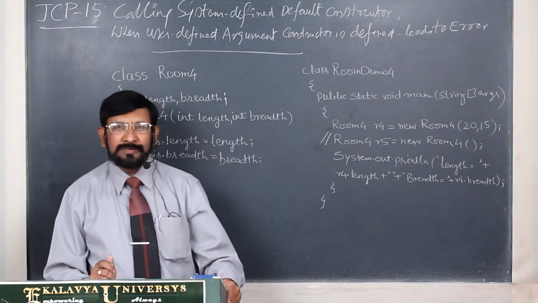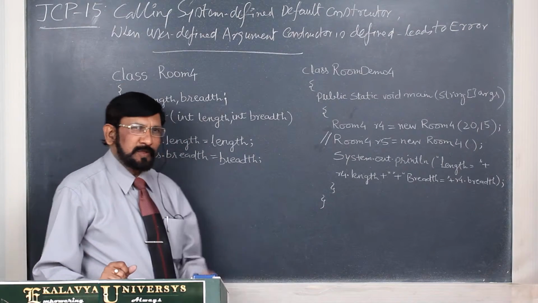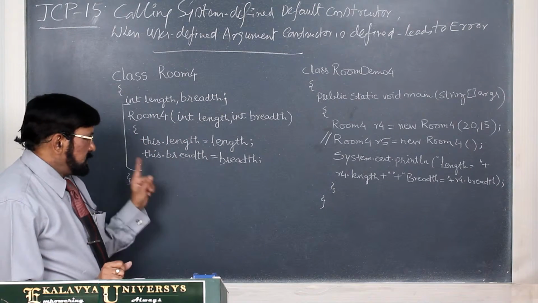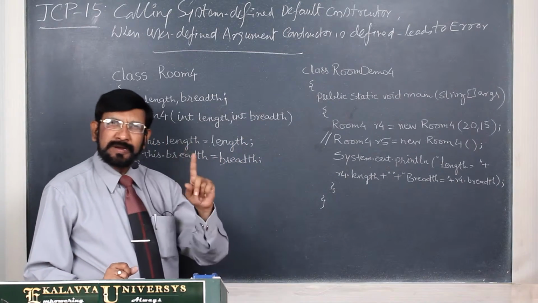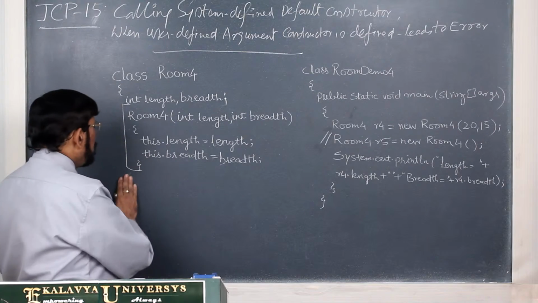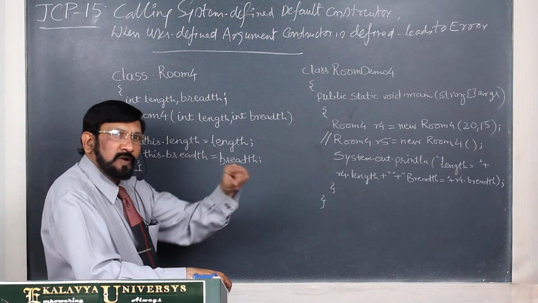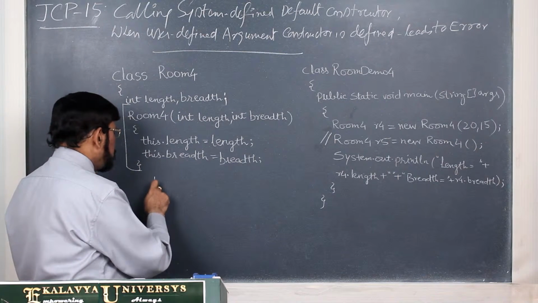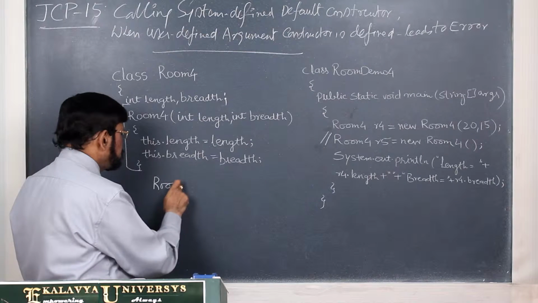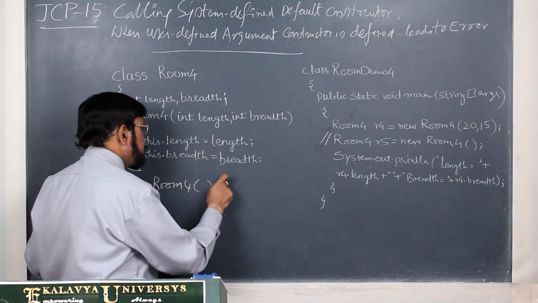Then how can we avert it? A simple thing. Along with the user defined argument constructor, you have to define user defined default constructor. Default constructor means you know that no argument constructor.